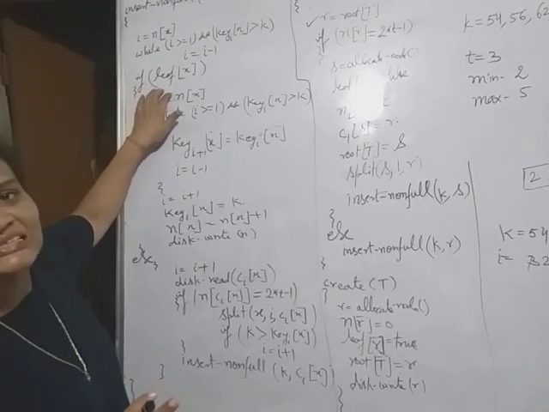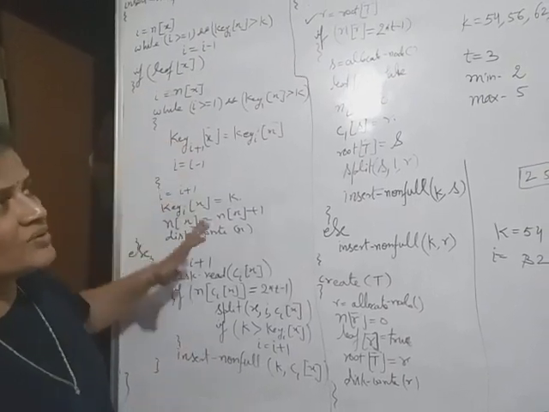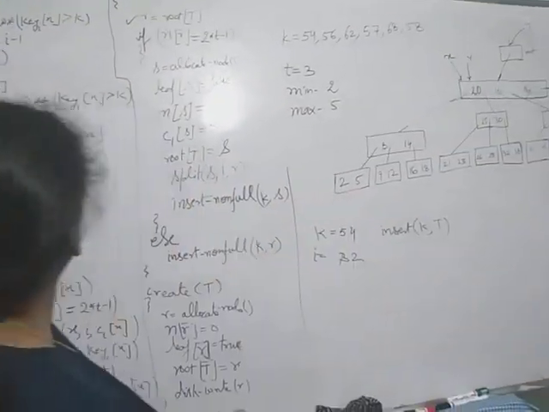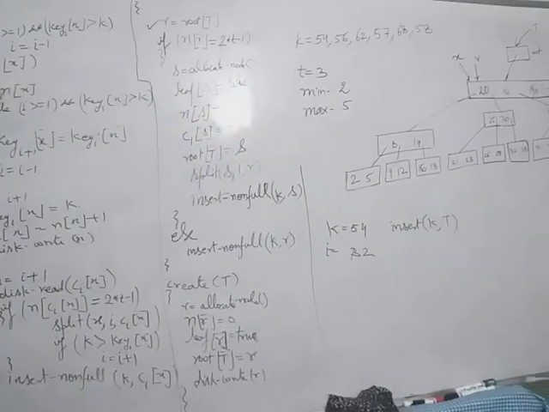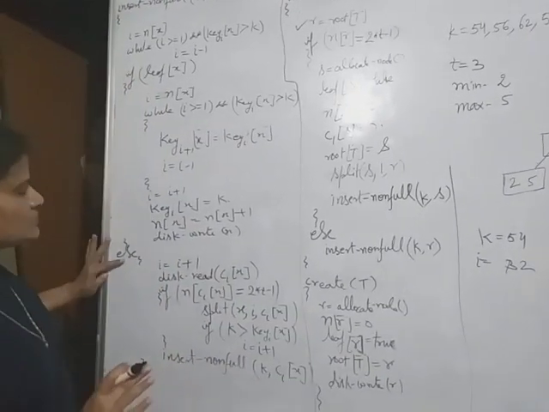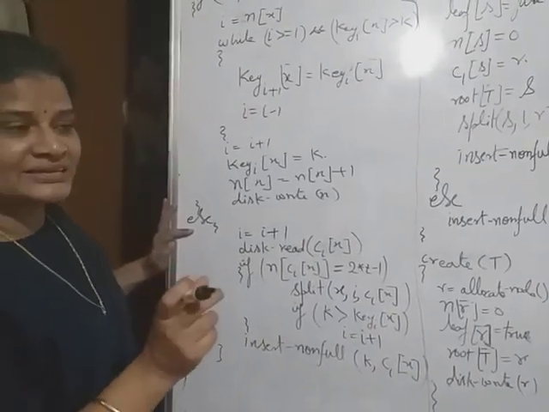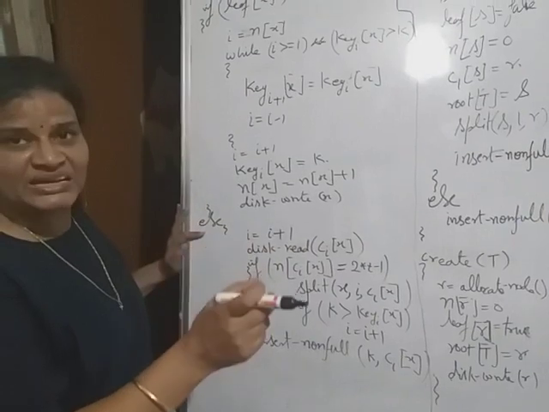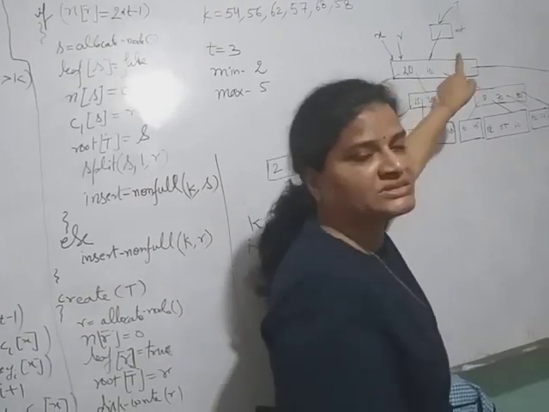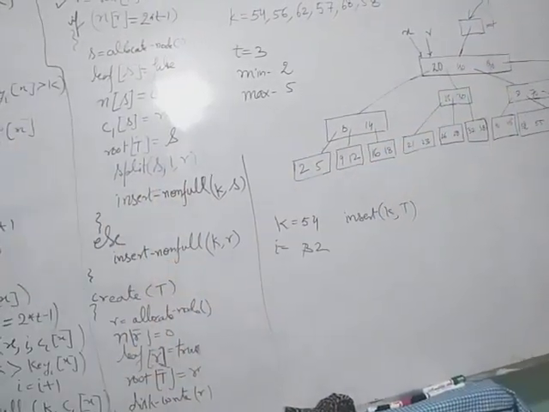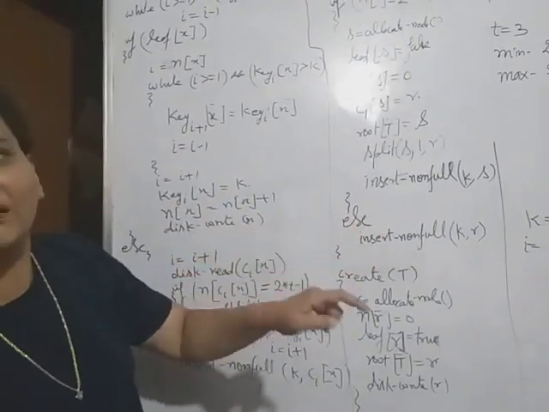Here x is not a leaf node, so it will go to the else part, because the appropriate child in which the key can be inserted: I is 2, so simply the third child will be the appropriate child where the key 54 can be inserted.